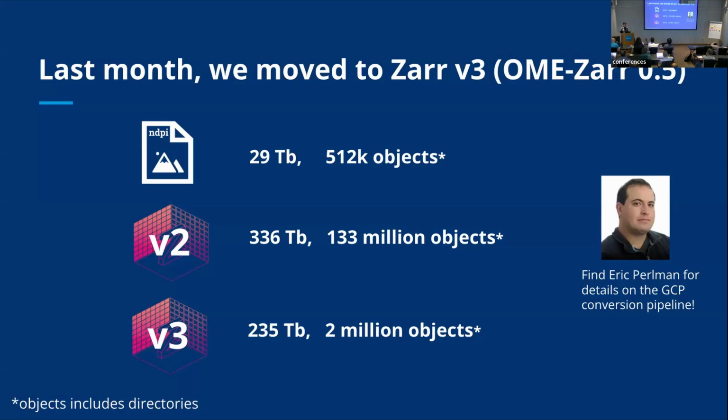That's over 98% reduction in number of objects last month when he converted these to Zarr v3 or the OME-Zarr spec 0.5. And we actually also saw a decrease in the size as well, about a 30% decrease. So pushing the spec going forward, this is awesome for us. We're moving in the right direction. I'm hoping that just like last year, where we pushed this spec to a new place, we can find a way to push it again this year.